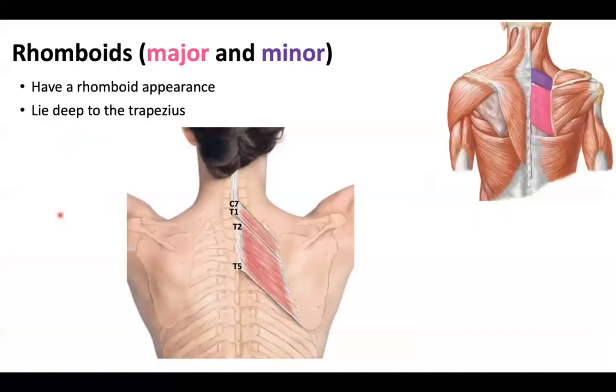The last muscle is the rhomboid muscle. We have two rhomboid muscles, rhomboid minor and major, named based on their relative size. Major is 2 times wider than minor. The rhomboid muscles are also under trapezius, so as you see here, if we cut trapezius, we can see the rhomboid muscles.